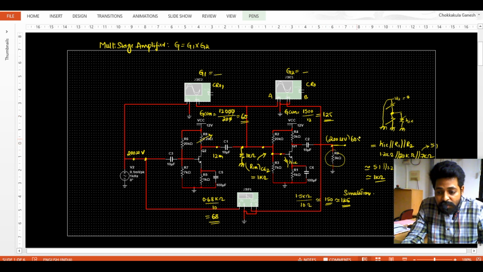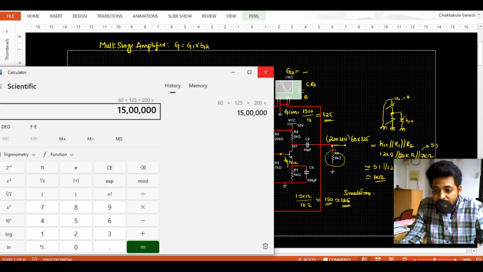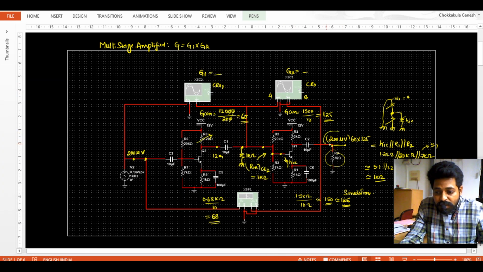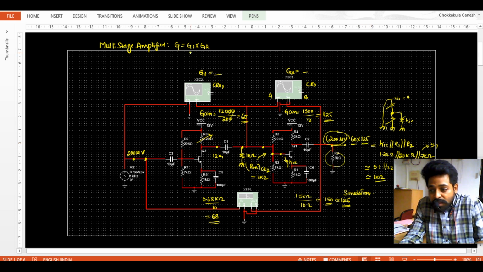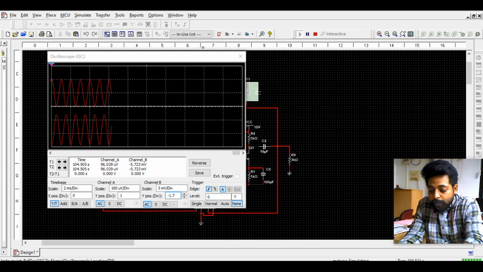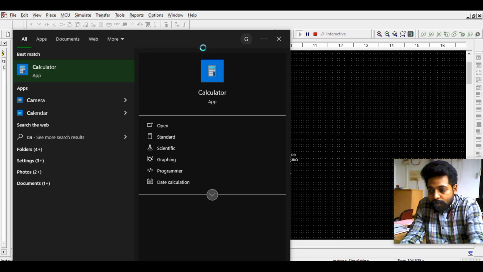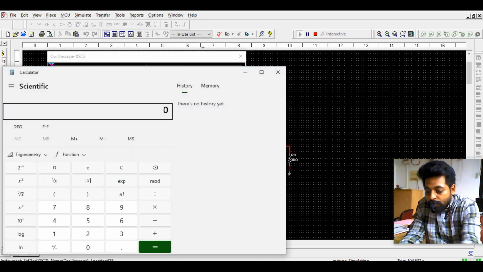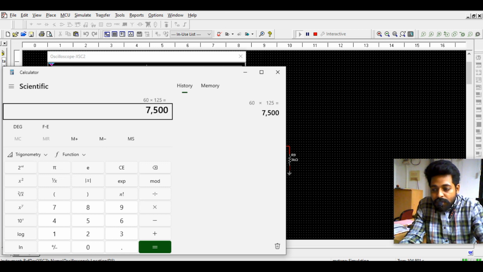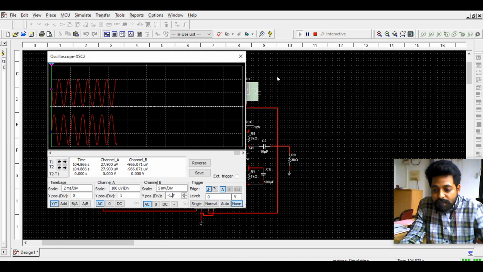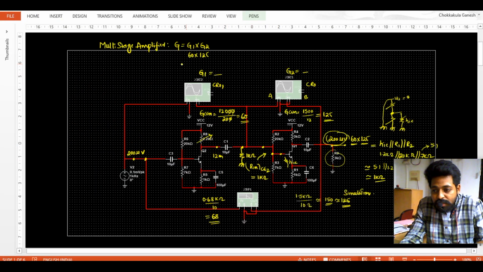So the input signal will be amplified by 60 times by the first stage and 125 times by the second stage. So 60 into 125 is around 7500. So the overall gain we got is around 7500.